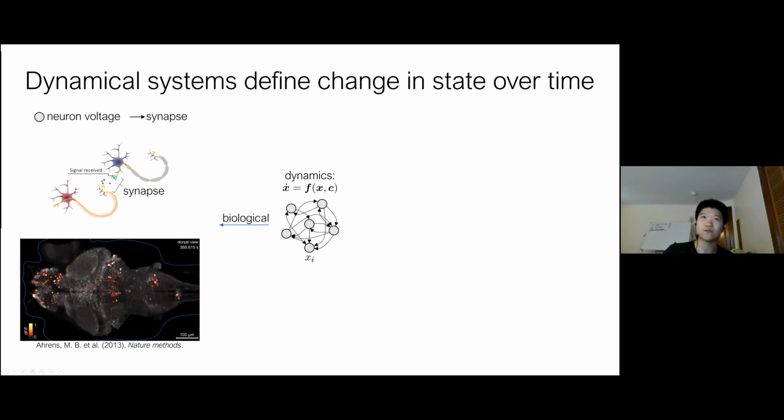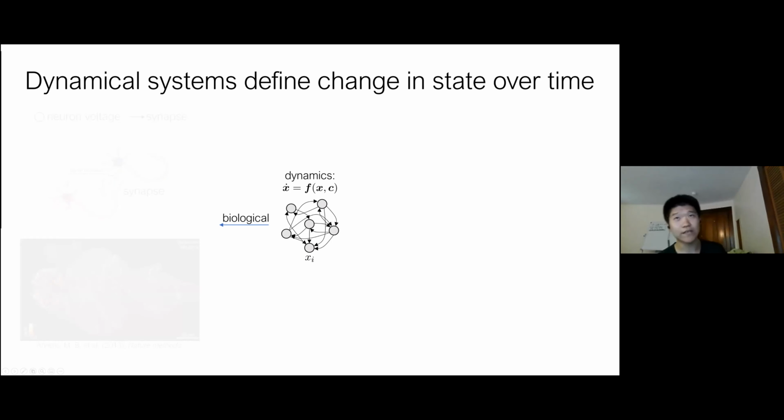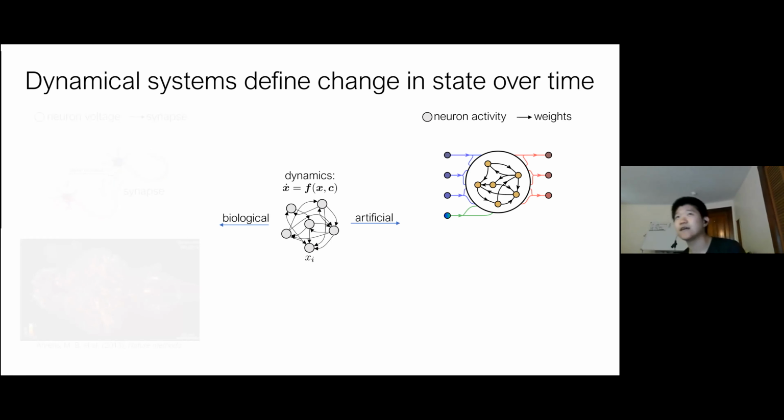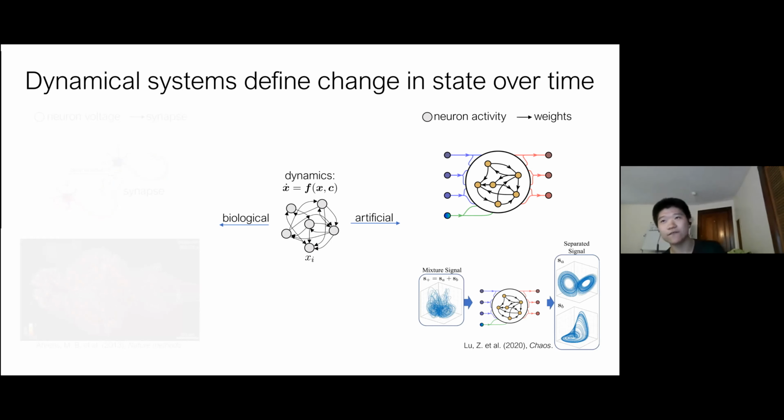We can also think about the artificial side of things, where each of these nodes would just be the activity of a neuron, some real number perhaps, and the parameters might just be the weights between those neurons. These artificial neural systems can do quite miraculous things.